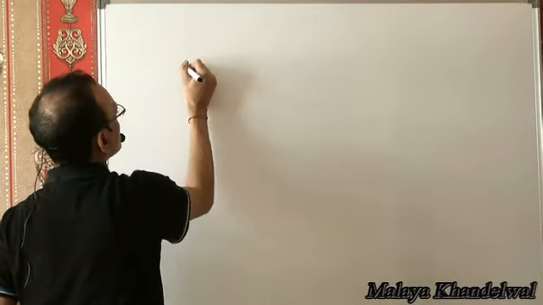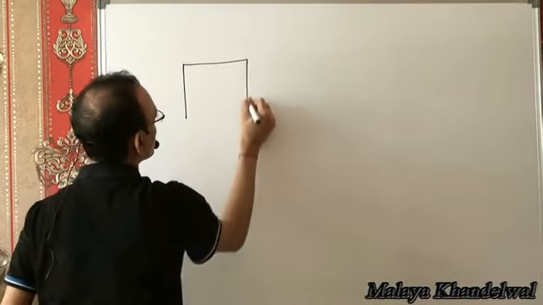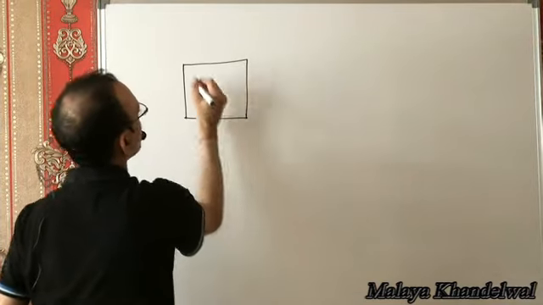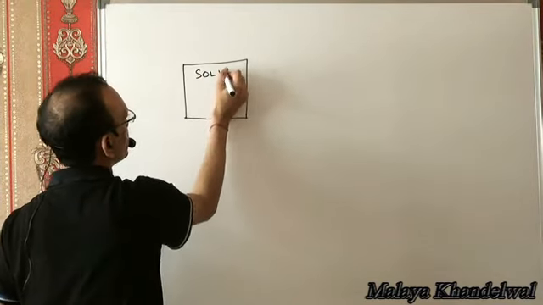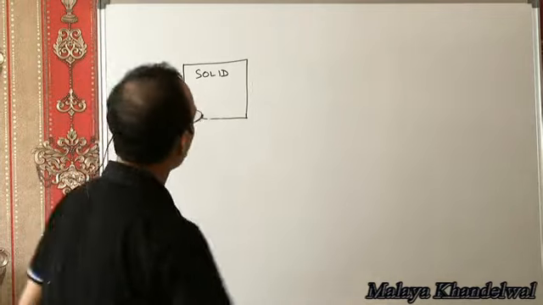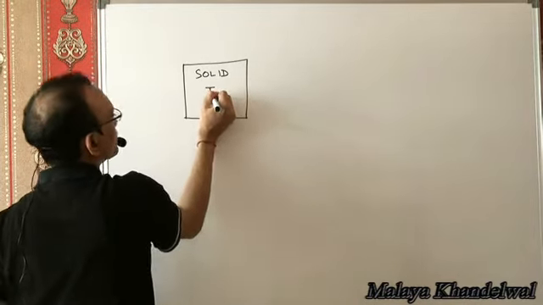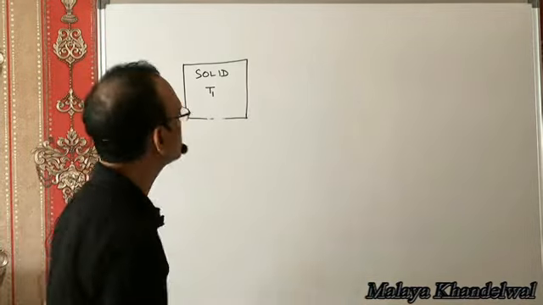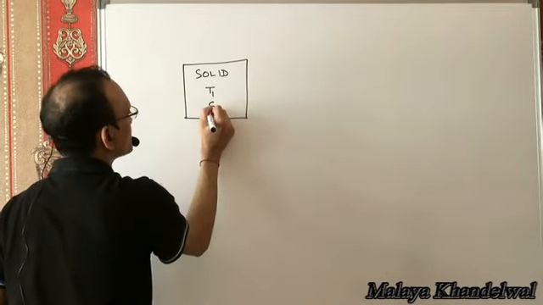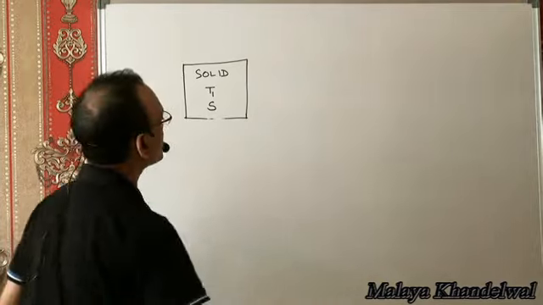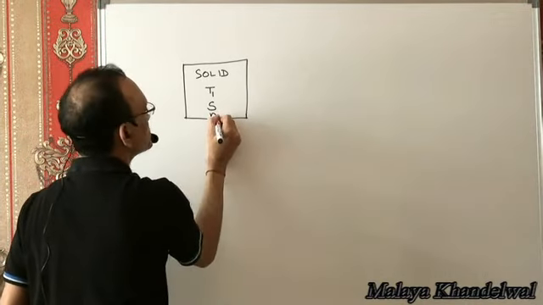Now, suppose I have a solid substance, right? And that's at temperature T1. And its specific heat is S, and its mass is M, say.